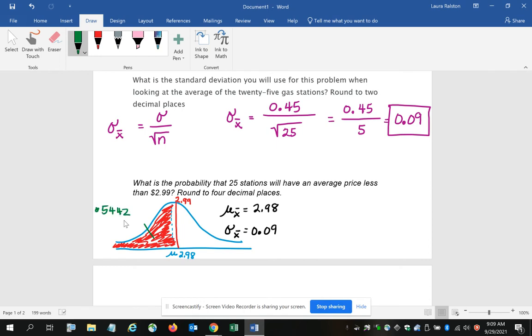So again, what that means in this context is that there is about a 54% chance that the average price will be less than $2.99 for those 25 stations.